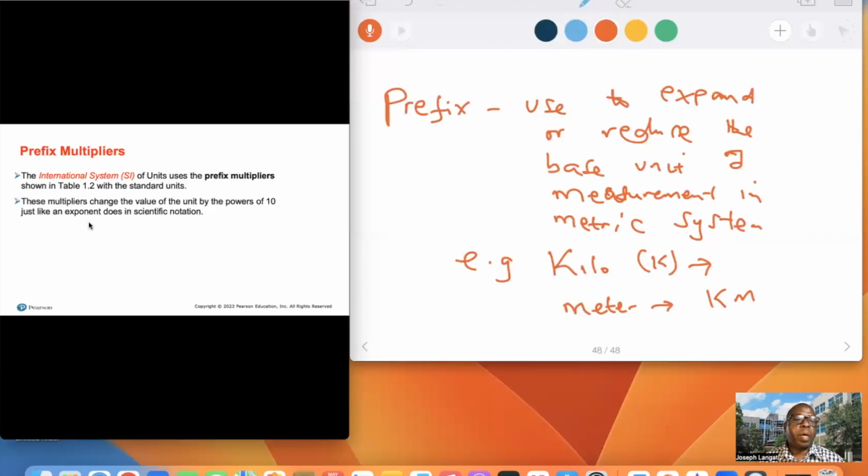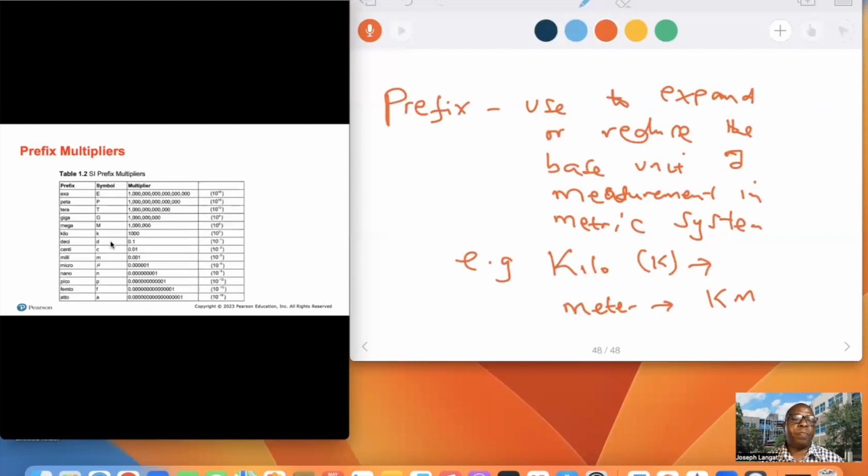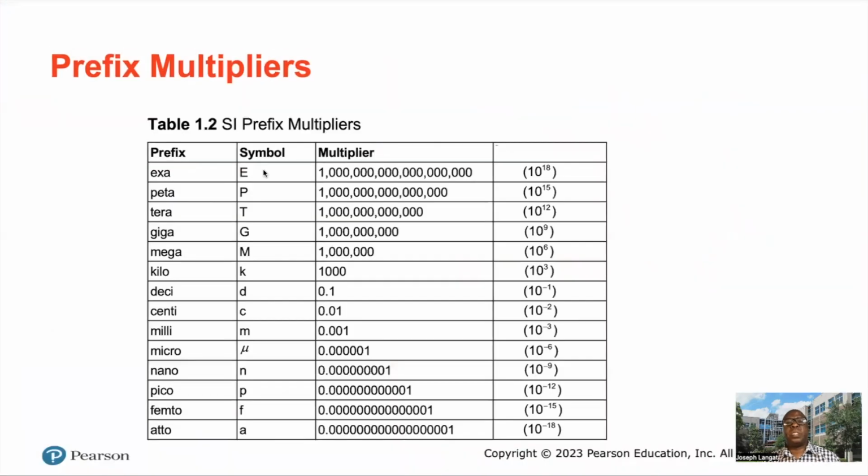Here are examples of the prefixes used. Kilo means you increase by 1,000. We multiply by, and they are well defined. These are the prefixes you need to commit to your memory. When we say kilo, that means you are increasing the base unit by 1,000 times.